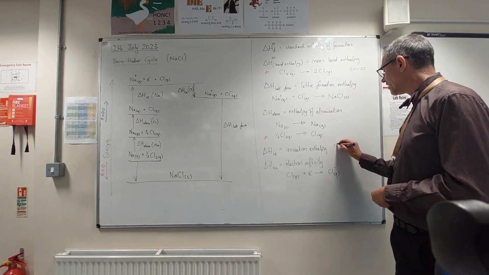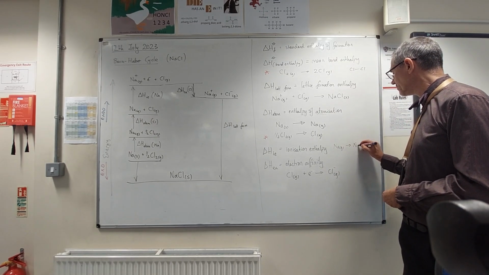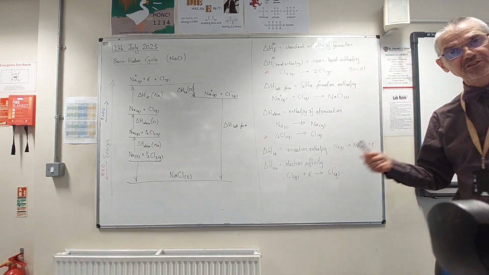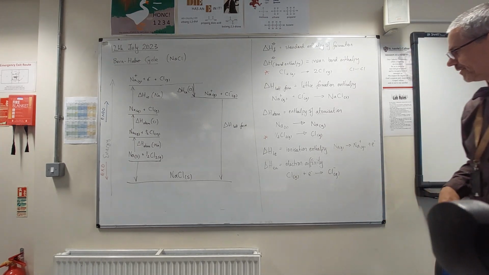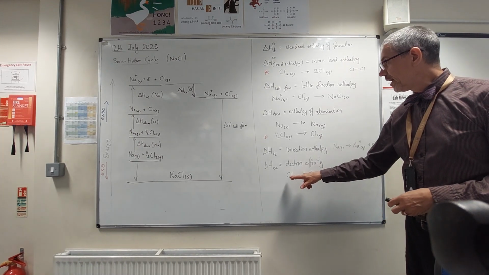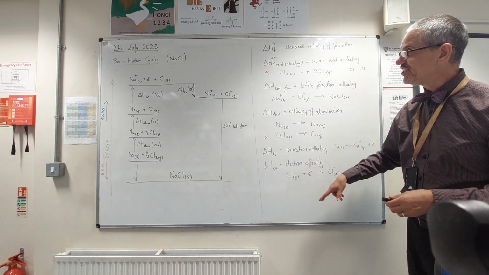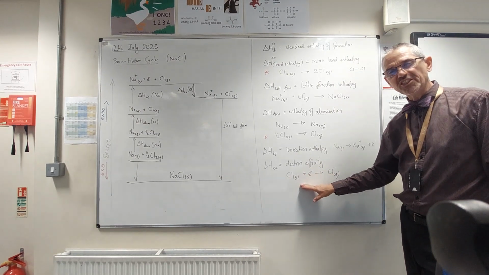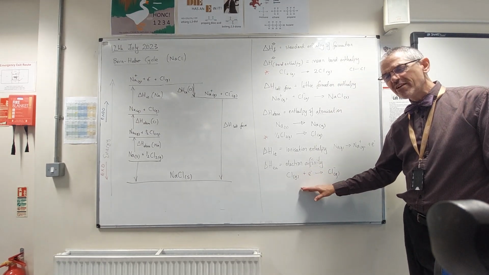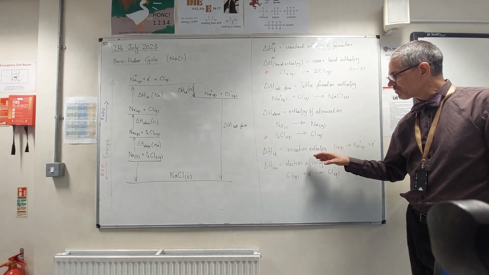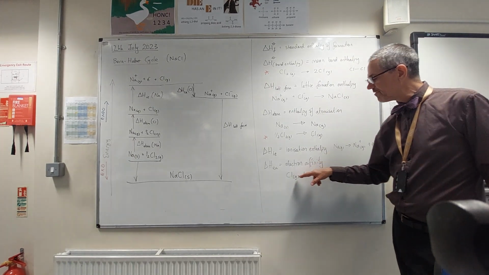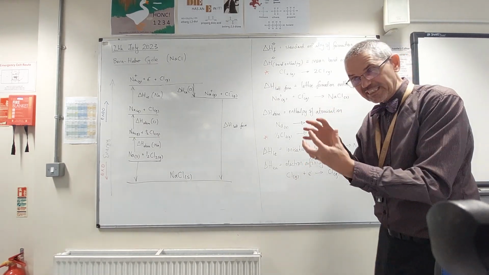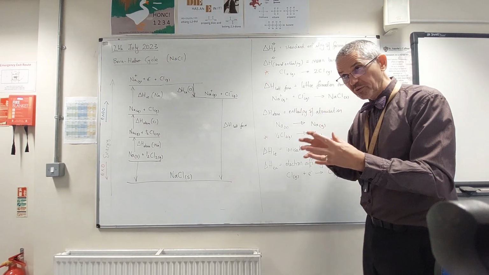Ionization is always about taking an electron from an atom, electron affinity is always about giving an electron to an atom. Okay, so of all of these changes, you might have noticed, that is the only one which is exothermic. The reason for that is that if I give an electron to chlorine, I'm satisfying that force of attraction between the electron and a positive nucleus.